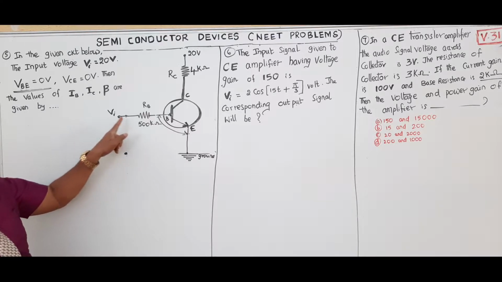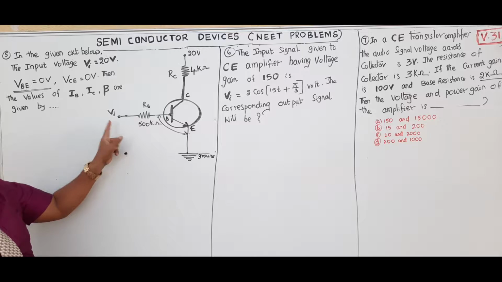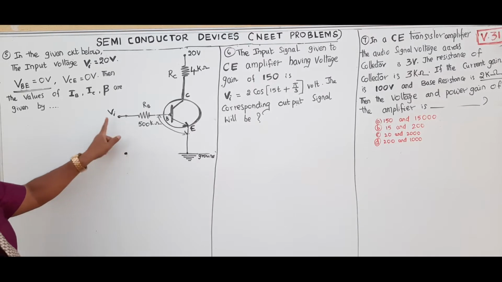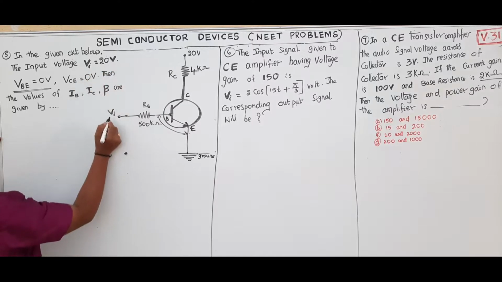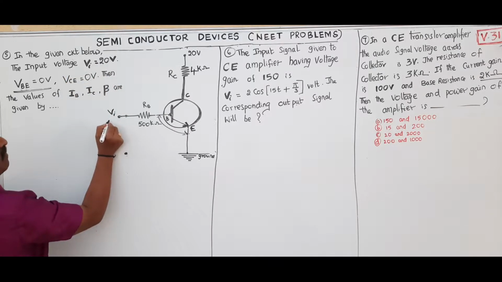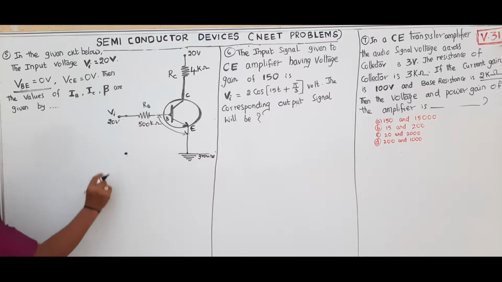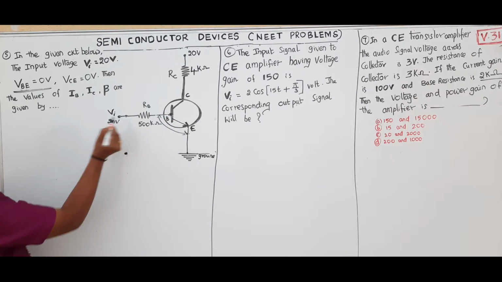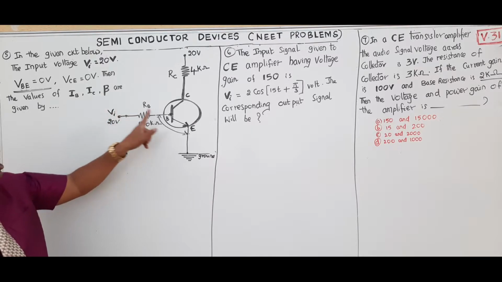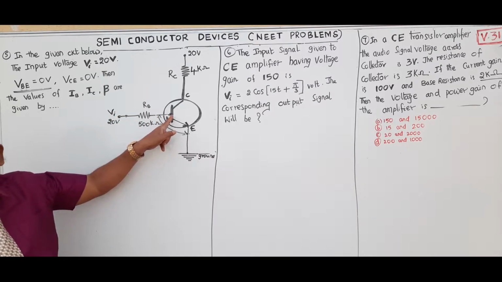Now please listen here. The input potential is given as 20 volt. Here potential is 0, here potential is 20. One is at a higher potential, the other at a lower potential.